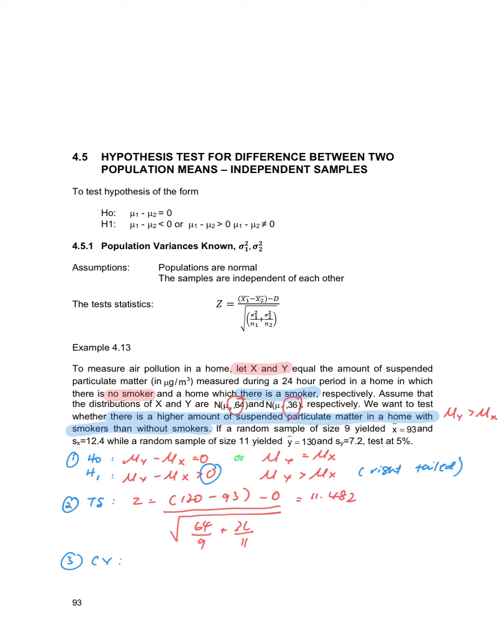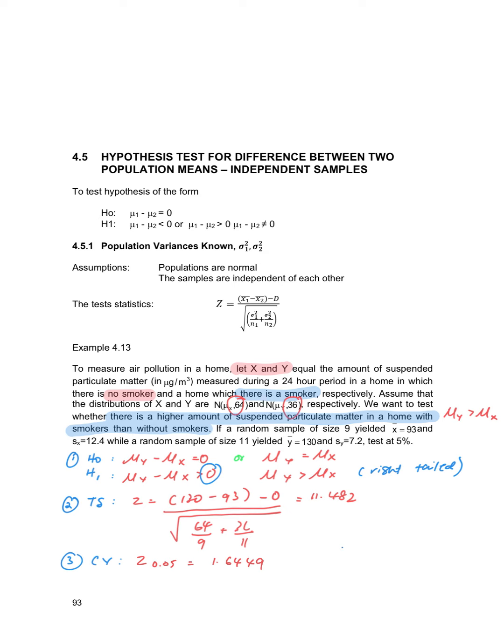Okay, so the critical value is Z alpha lah, so we don't have to divide the alpha by 2 because our sign here is greater or right tail test. So our alpha is 0.05. So refer to your table, you will get the critical value is 1.6449.